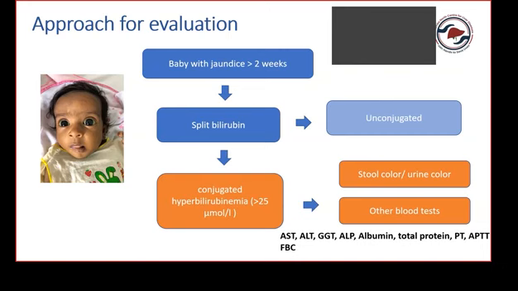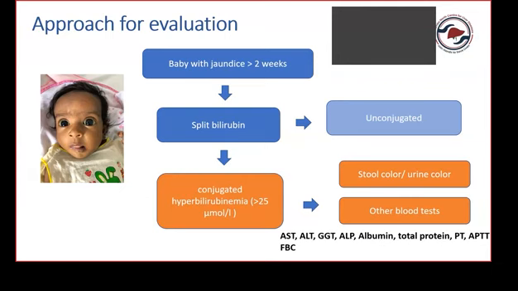Obviously, if you have got conjugated hyperbilirubinemia, you need to do other liver function tests. What do I mean by other liver function tests? Actually, liver function means the clotting and albumin, but in day-to-day practice, we would call them liver function tests in general.